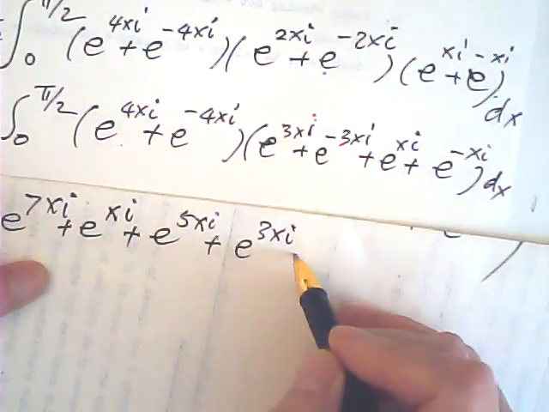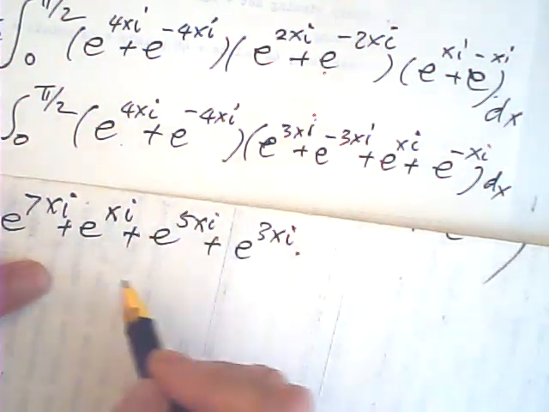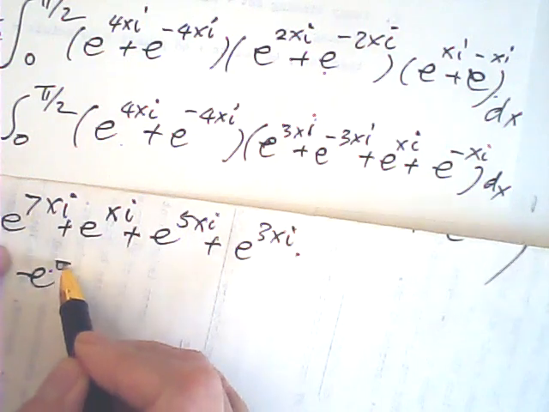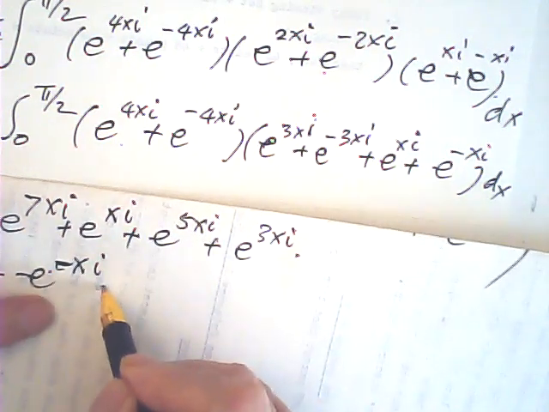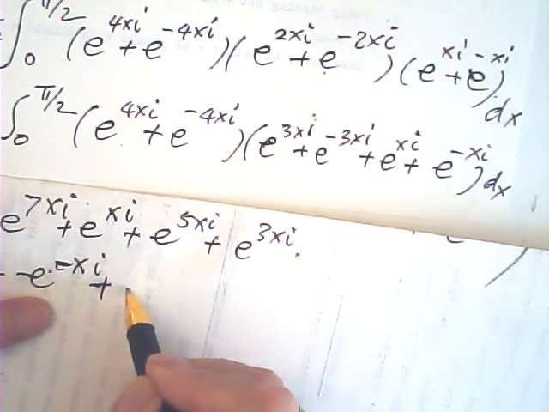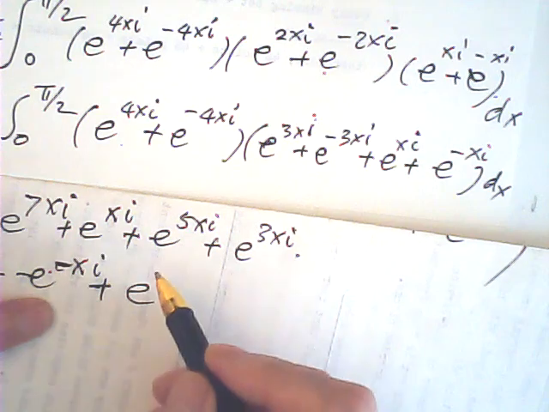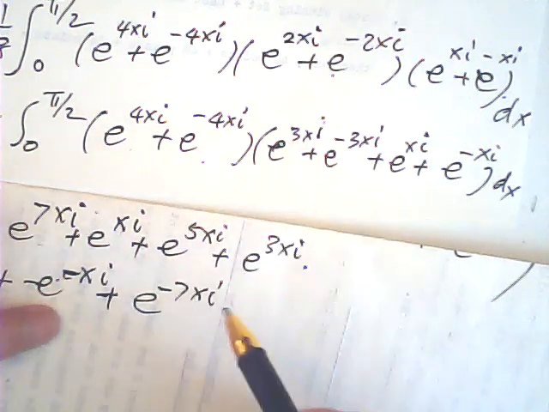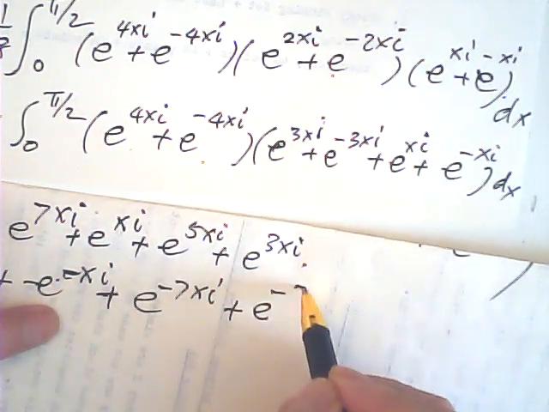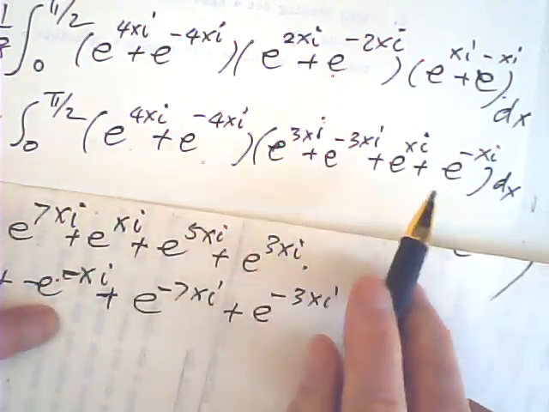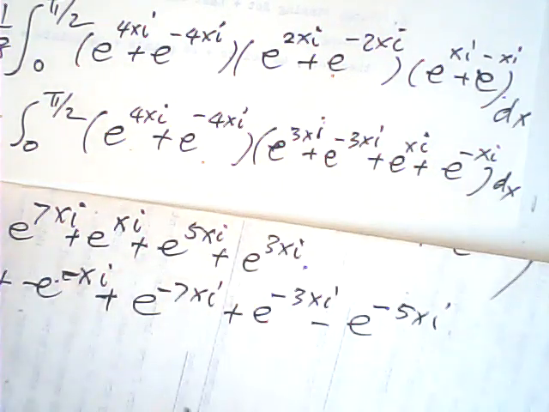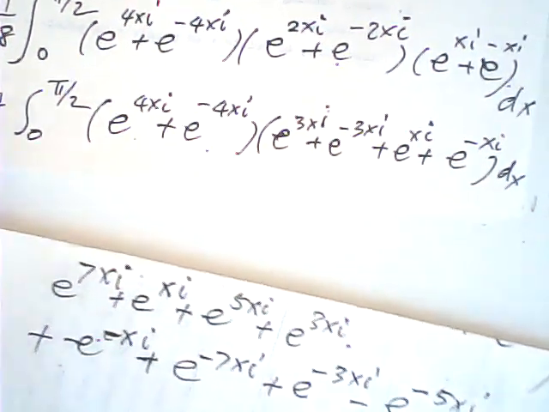Then this one times this one, let me write here, is negative e to the negative xi plus this one times this one plus e to the negative 7xi. This one times this one plus e to the negative 3xi. This one times this one negative 5xi. 1, 2, 3, 4, 5, 6, 7, 8. Yes, 2 times 4, yeah, 8.